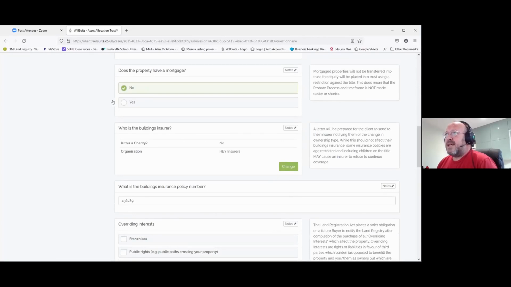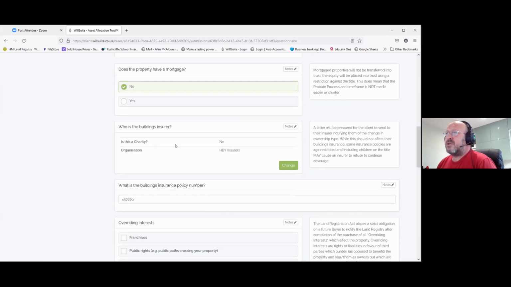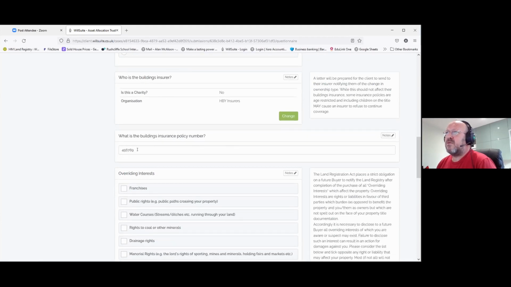So mortgage properties, yes, but if you say they're doing this to make probate easier and it's a mortgage property, it's not going to make probate easier. Buildings insurer and policy number, that's for generating a letter if you want to notify the buildings insurer.